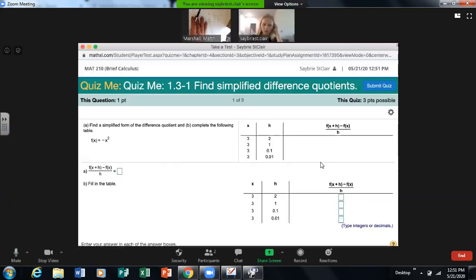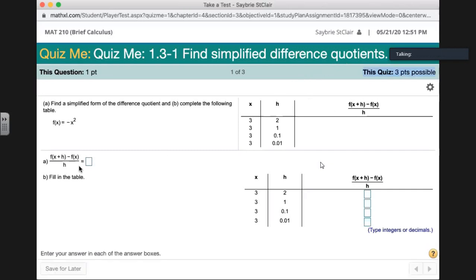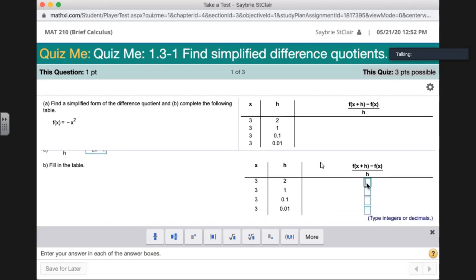Typical, you're getting into calculus there. There you go.